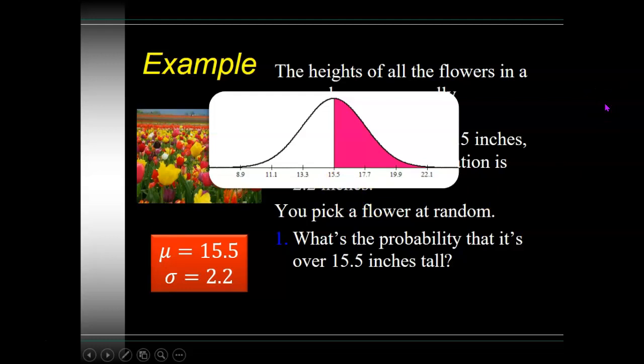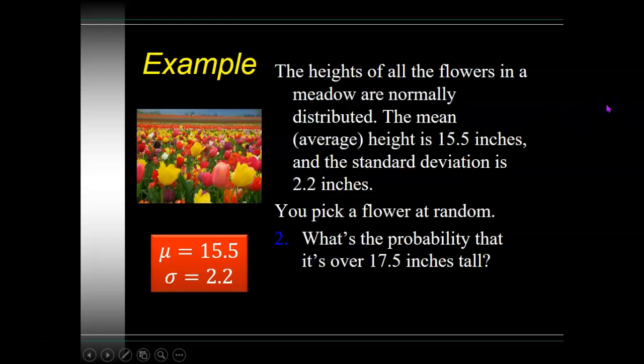Now, we didn't really have to do any calculation for that because the number it asked about was the average. But what about something like this? You pick a flower at random. What's the probability that the flower you pick turns out to be over 17.5 inches tall?